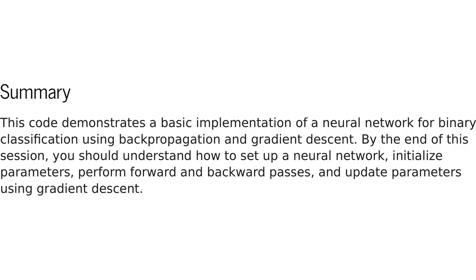In this session, we have covered the essential concepts of a neural network for binary classification. We started by understanding its basic architecture, including the roles of input, hidden, and output layers, as well as the importance of weights and biases. We explored how activation functions introduce nonlinearity, and how the learning process is driven by the forward and backward passes of backpropagation.